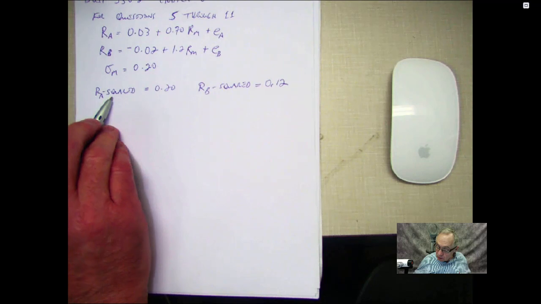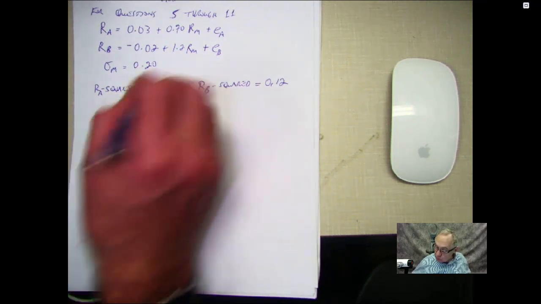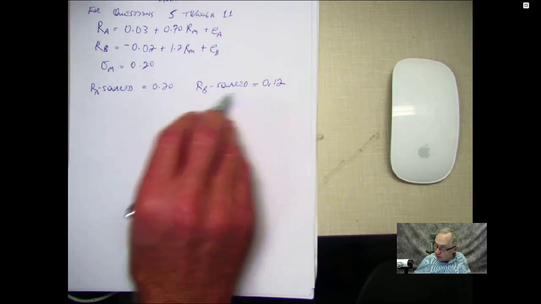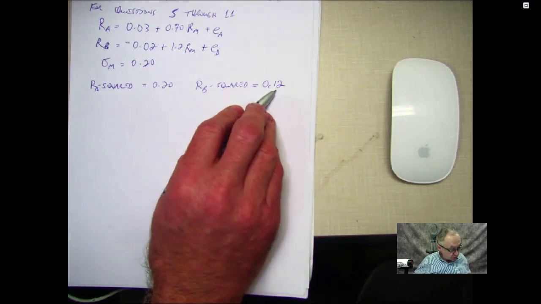We're also told our R squared value for A is 0.2. The R squared value for stock B is 0.12.